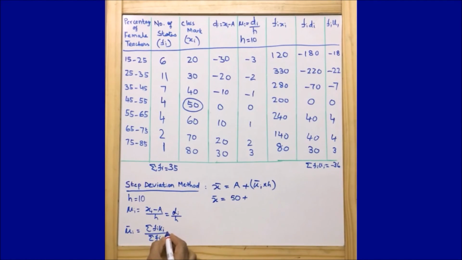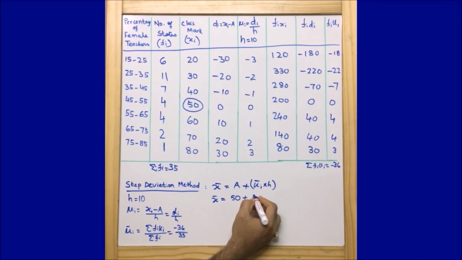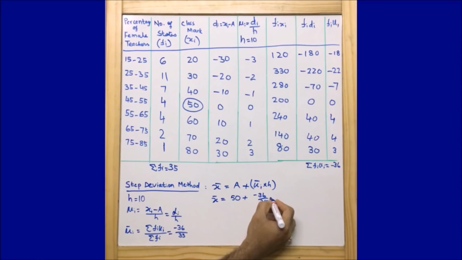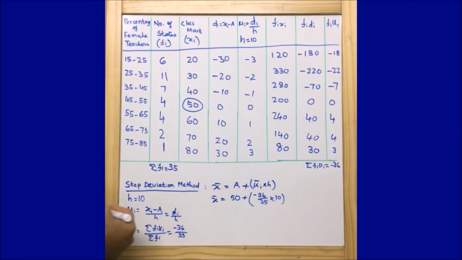So let me put the value here. It is minus 36 upon 35. So we are able to find out the value of mean ui as minus 36 upon 35. So I am just replacing the value as minus 36 by 35 into class height. Class height is 10. So we are able to put the data in this formula.